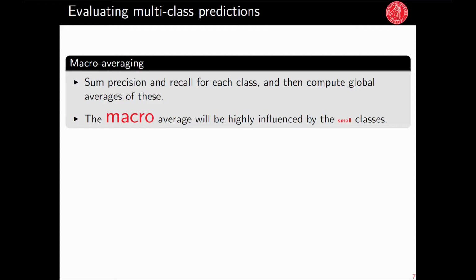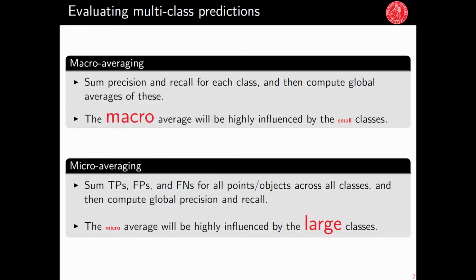And the size of the class again reflects the number of predictions that the classifier has made. So the macro average will tend to be overly influenced by the small classes in our data. Again, if the classes are balanced, it doesn't really matter, but typically they're not.